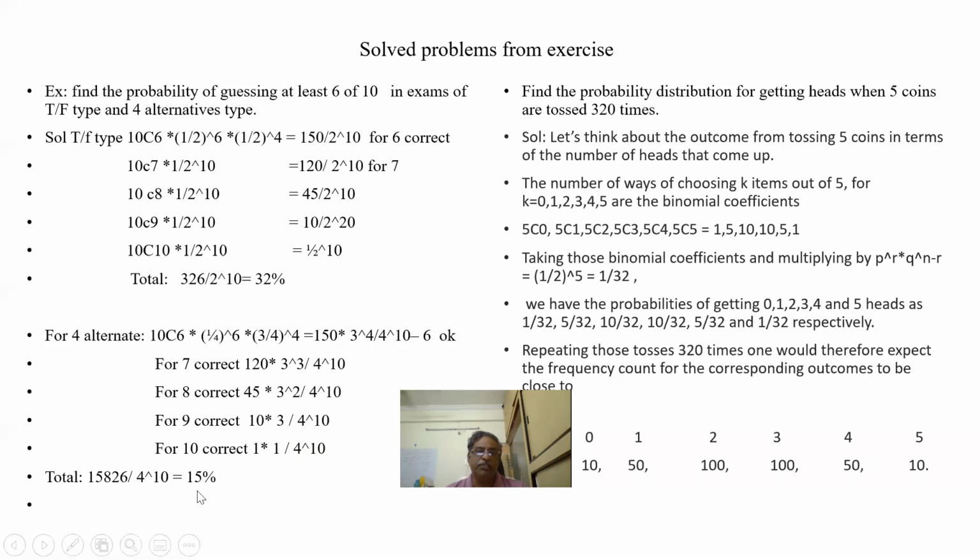Here the probability is 15%. Against 4 alternatives, my chance of success of getting 6 or more marks is 15%. In 2 alternatives, my chance is 30%. Still less than 50.